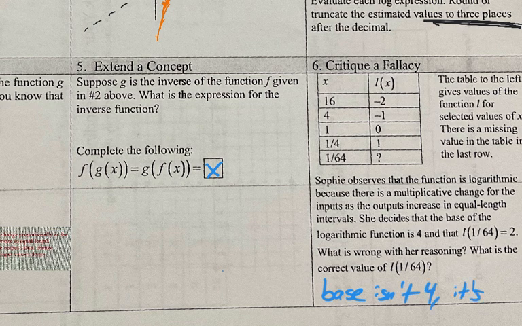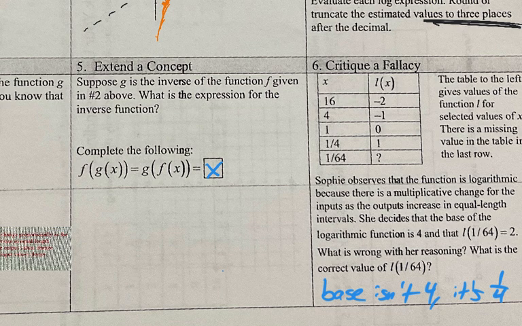How did I know the base wasn't 4? Because 4 to the negative 1 is not 4. And 4 to the first power is not 1/4. The base should be 1/4, not 4.